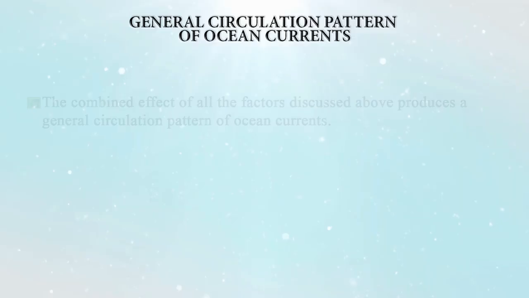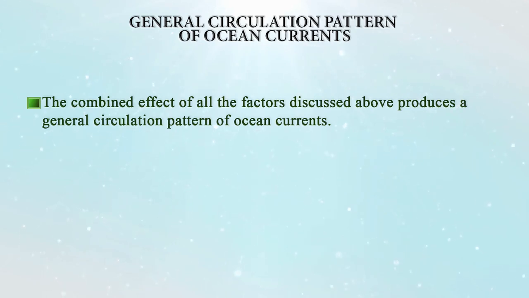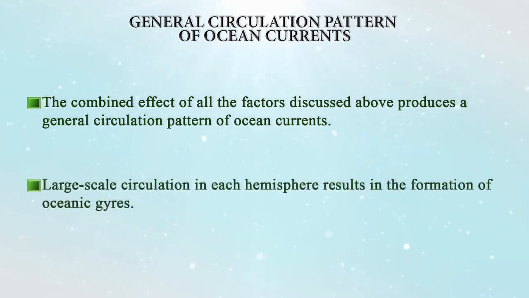As I have explained, the combined effect of all these factors discussed above produces a general circulation pattern of the ocean currents. Large scale circulation in each hemisphere results in the formation of oceanic gyres. As I told you, ocean currents get deflected due to the rotation of the earth, or the Coriolis force, which deflects to the right in the northern hemisphere and to the left in the southern hemisphere.